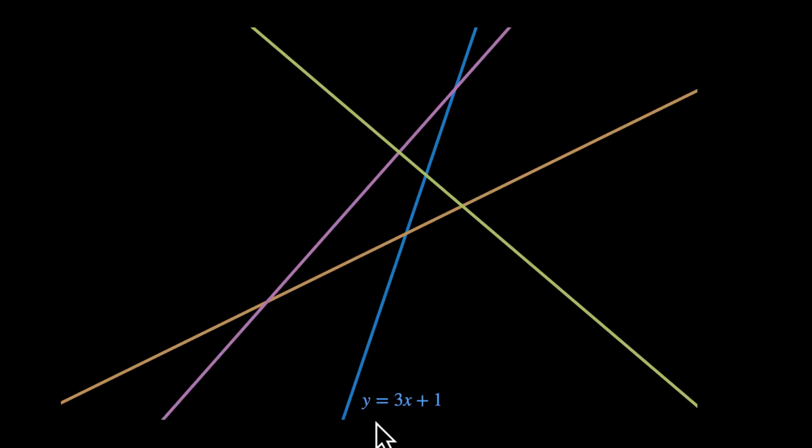Let's see this in action. We have this line 3x plus 1 and this other line 2y equals to x plus 3. Now look at this pink line first. This is slope 1 plus 5 root 2 by 7. Now this yellow line and this blue line are equally inclined to this pink line. This angle is same as this angle. And now look at this green line.